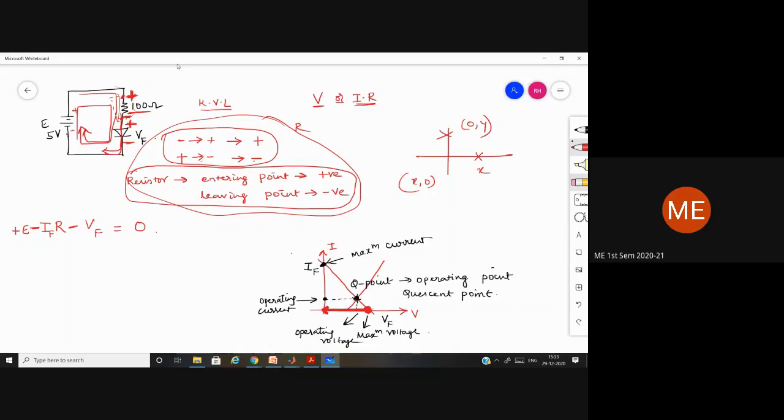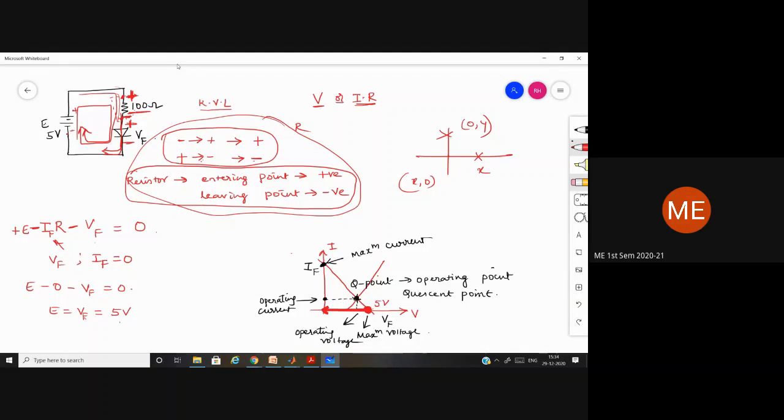At this particular point, if you want to take Vf, then If will be equal to 0. So when I substitute If equal to 0 here, E minus 0 minus Vf is equal to 0. That is, E is equal to Vf. What is the value of E? 5 volt. That means Vf is 5. So this is 5 volt.